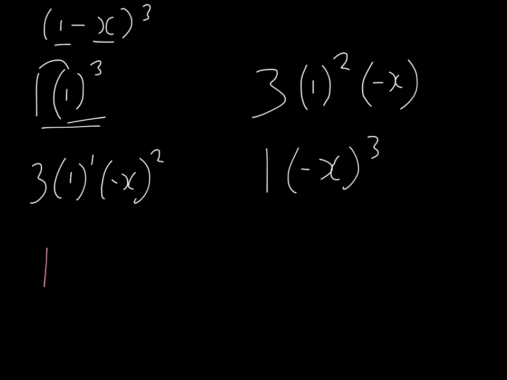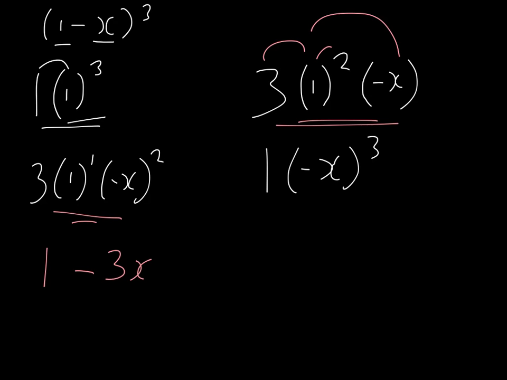So I've got 1 there. Then I go on to my second term, and I've got 1 to the power of 2, again that's just 1. So that would leave me 3 times 1, which is just 3. So then I would have 3 times minus x, which would give me minus 3x.